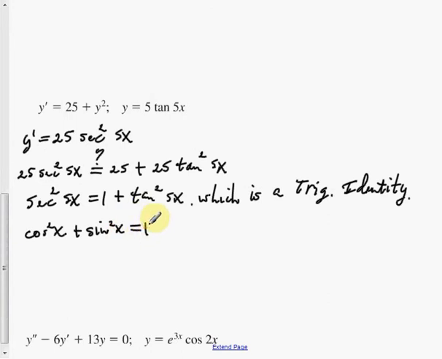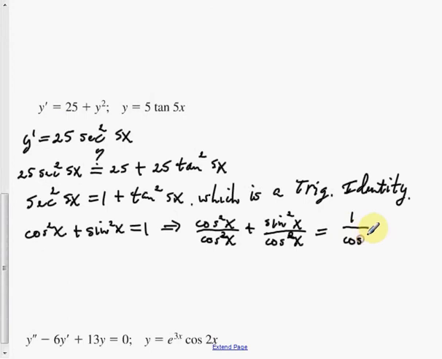And so if we divide through by cosine square x, this implies that we have cosine square x divided by cosine square x plus sine square x divided by cosine square x is equal to 1 over cosine square x.